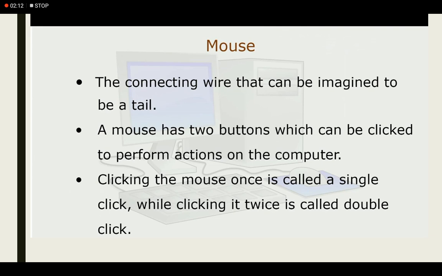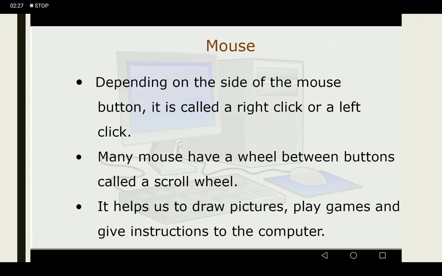A mouse has two buttons which can be clicked to perform actions on the computer. Clicking the mouse button once is called a single click and clicking it twice is called a double click. Depending on the side of the mouse buttons, it is called a right click or a left click.